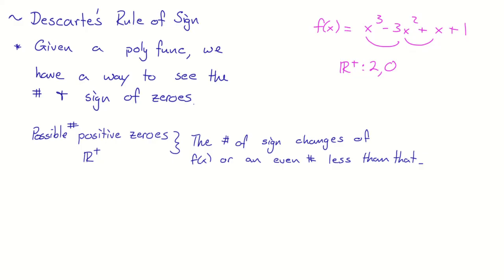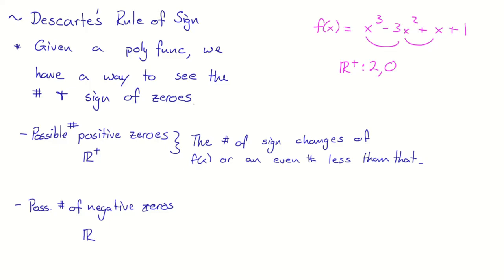There is another side of this statement. We also have the possible number of negative roots, or zeros, if that's what we used. Okay, for the possible number of negative zeros, any suggestions on how I'm going to denote this?